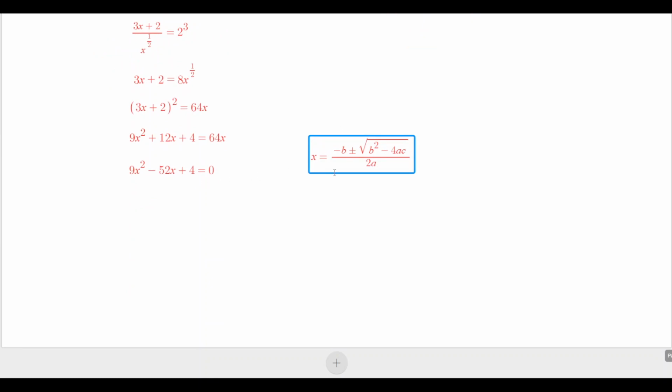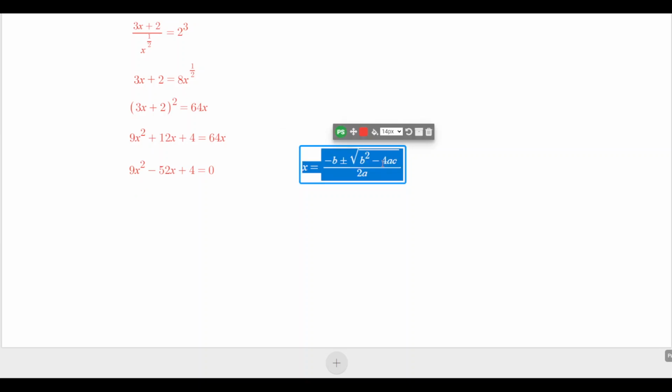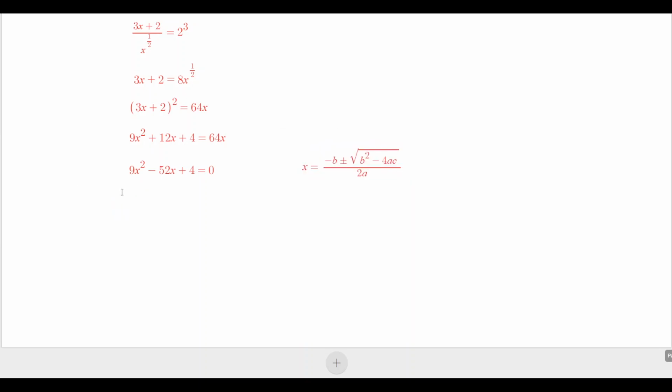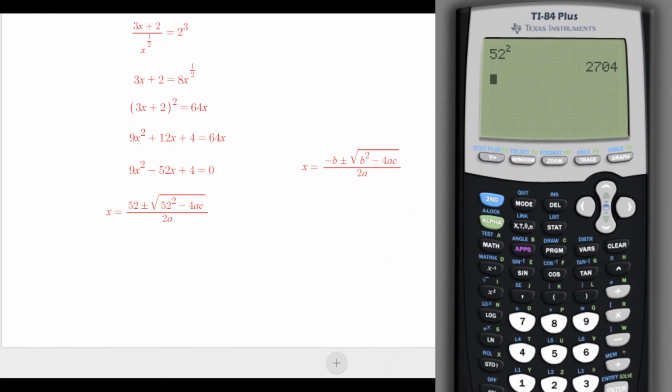So a little side note, here's the quadratic formula we're going to use. So I'm going to get x equals negative of negative 52, which is 52, plus or minus the square root of negative 52 squared, which, what would that be? Let's see here. All right, 2,704.